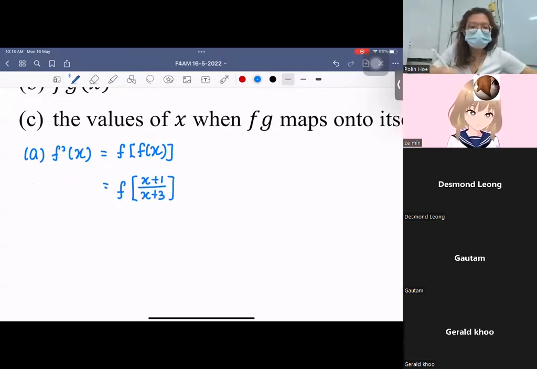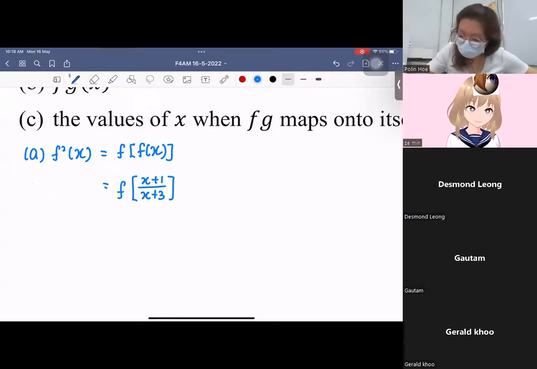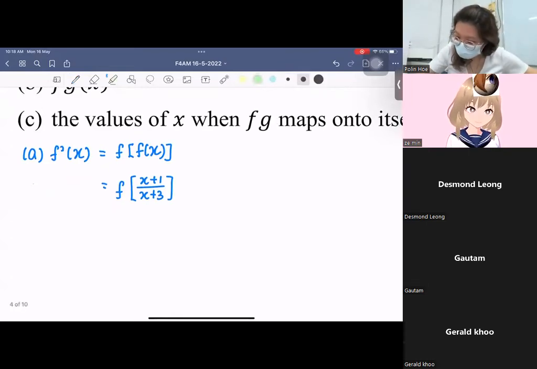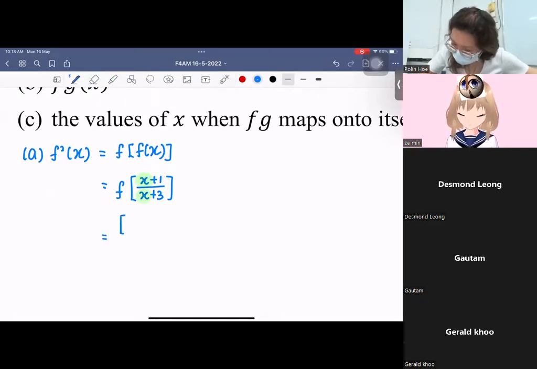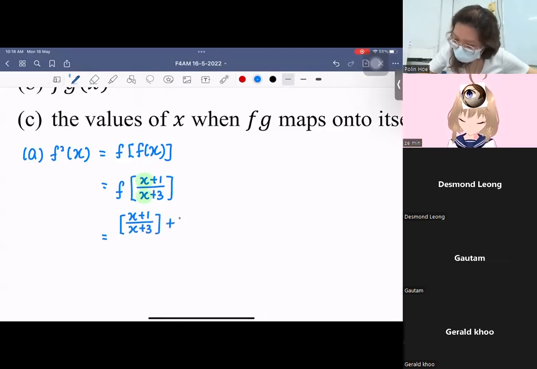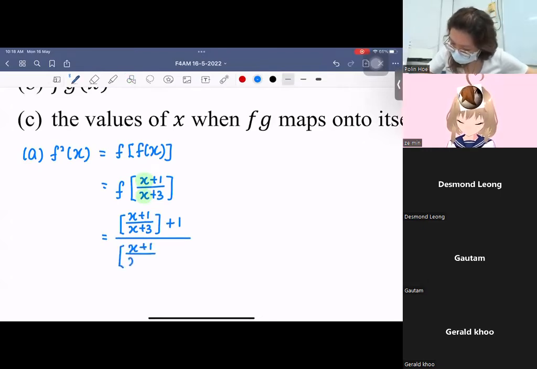The second time, we have to change both x to (x plus 1) over (x plus 3). So x plus 1 over x plus 3, all plus 1, over x plus 1 over x plus 3, plus 3.